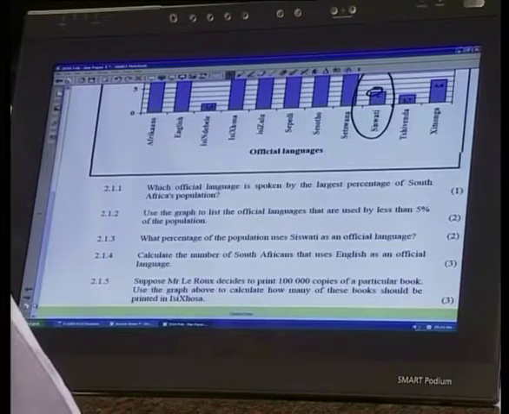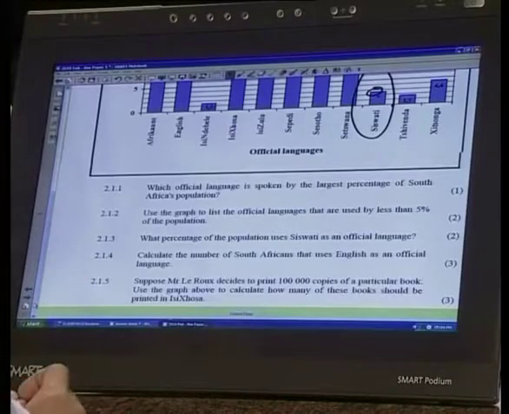He's not going to print a book for every single person in the country. That's ridiculous. First of all, because not every single person in the country is a kid. And second of all, not every kid reads the same book. So it would be pathetic to print 47,900,000 books. He's only going to print 100,000.